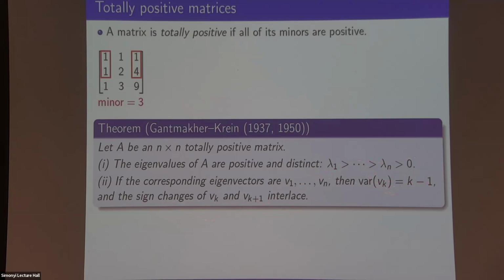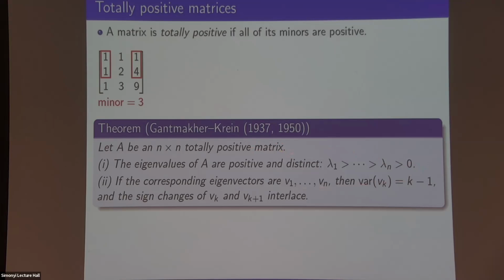Here we think of sign changes as a discrete analog of zeros of a function, because we think of a vector in R^n as a sequence of values sampled from a continuous function.